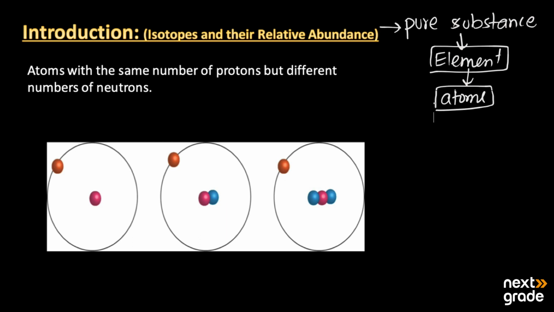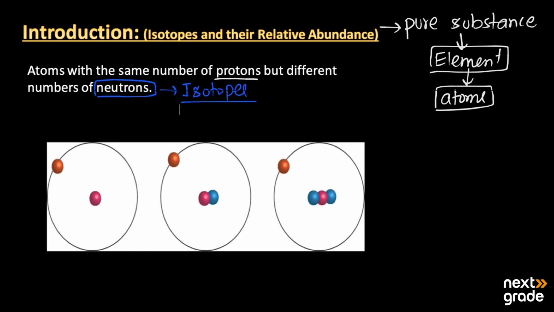But here we have an element whose atoms have the same number of protons but different numbers of neutrons. The atoms that have the same protons and different neutrons are basically known as isotopes.